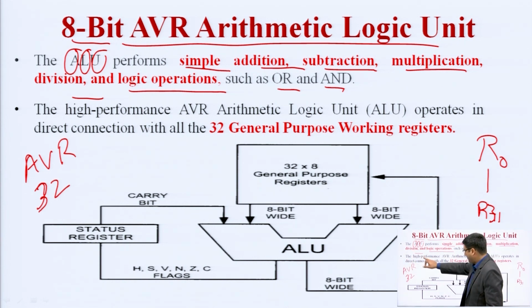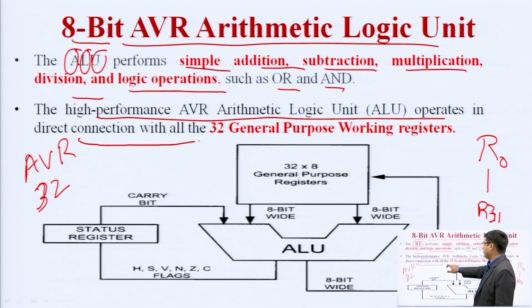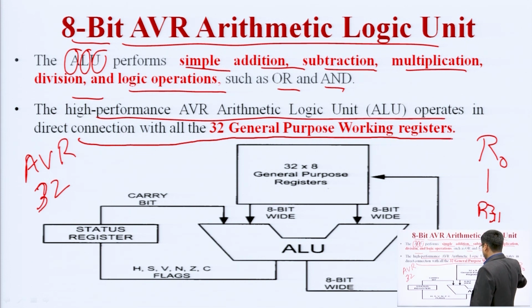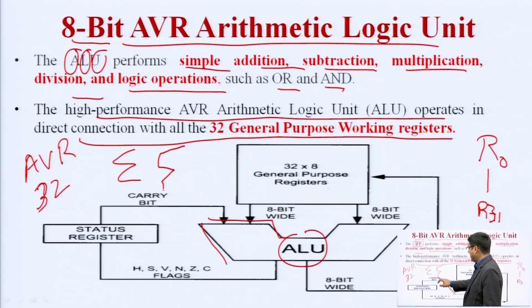The high performance AVR arithmetic and logic unit operates in direct connection with all the 32 general purpose working registers. In this block diagram you can see the ALU, the arithmetic logic unit. The representation of ALU is like this. It has a sign of summation, meaning it is doing some arithmetic and logical operations.